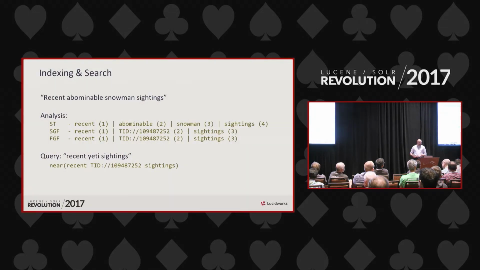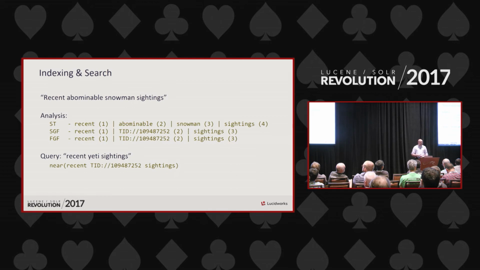So now what happens? Taking that same example of Yeti and Abominable Snowman, and looking at the query "recent Abominable Snowman sightings," how does that get analyzed and how does that query get processed? The tokenizer gives us 4 tokens: recent, Abominable, Snowman, and sightings.